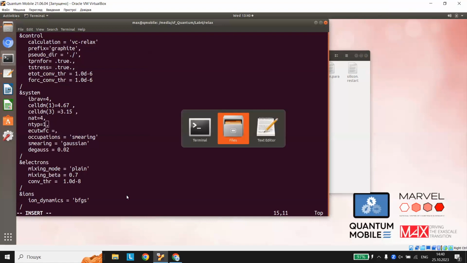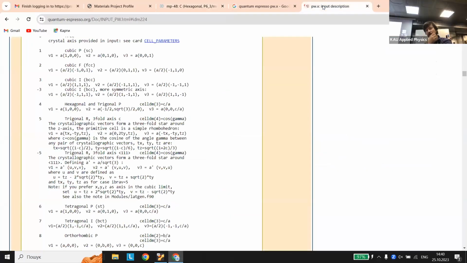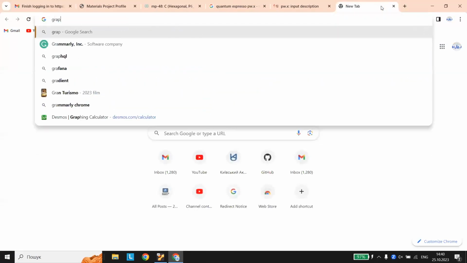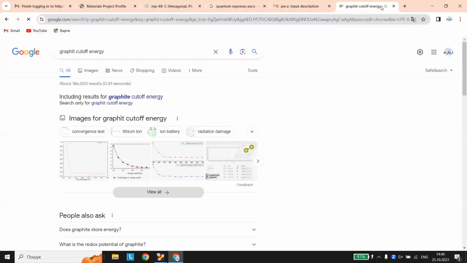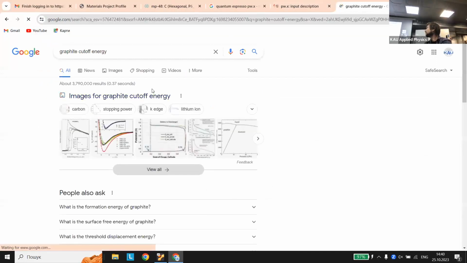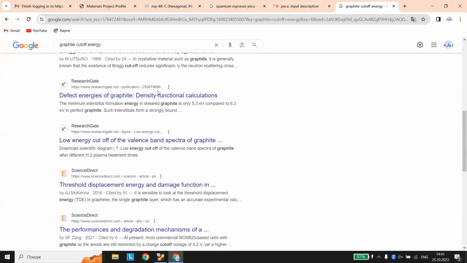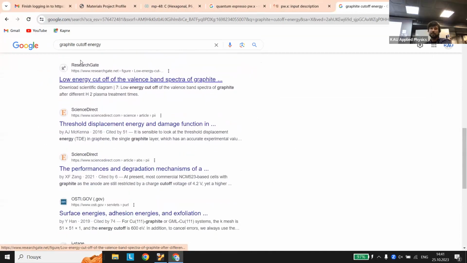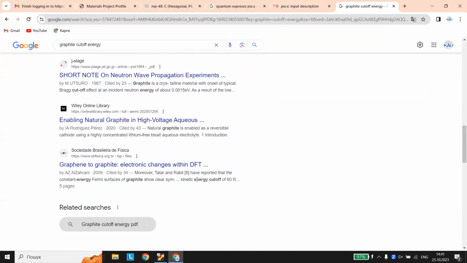And then cutoff energy. We should choose it from some convergence test. I recommend to take 50 Rydberg. You can find it on the internet, or we can take a rather good convergence number.